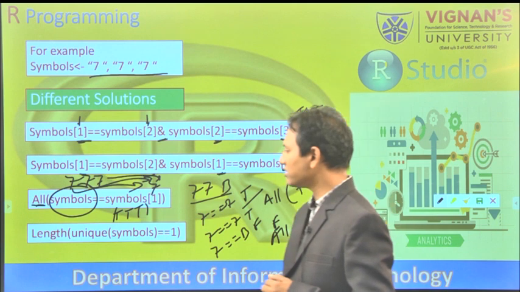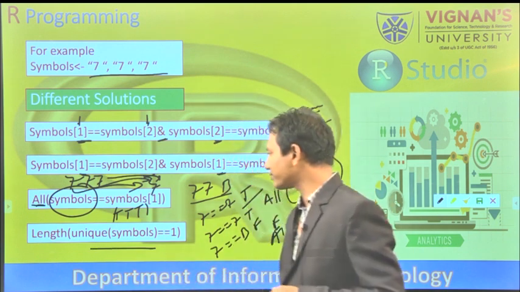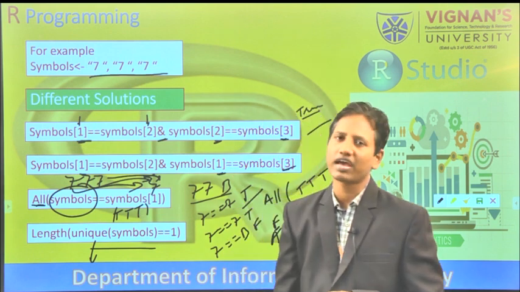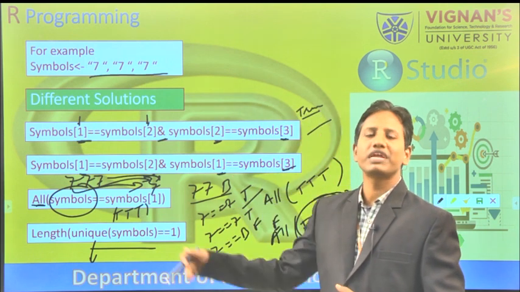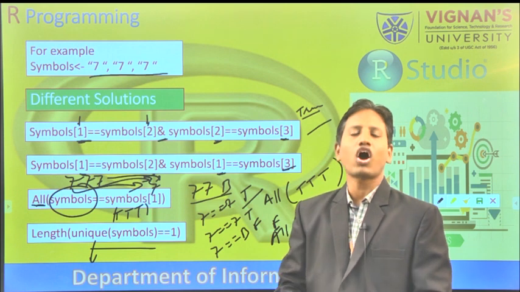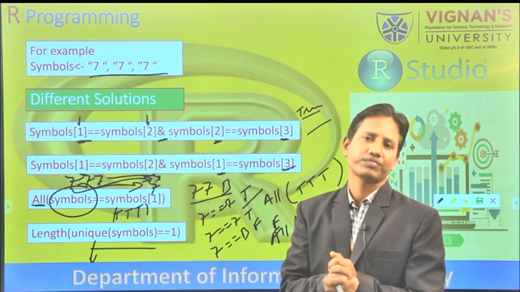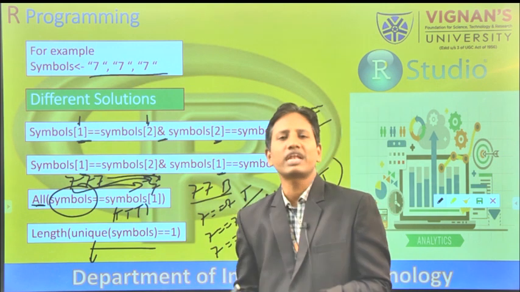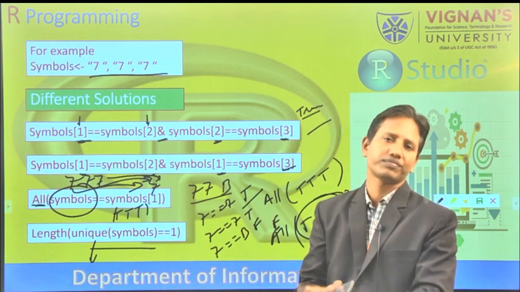And ultimately this is an interesting one. Here unique is a predefined function we have. This unique predefined function is going to return how many unique values there are. So if the three symbols are 7, definitely the unique value count is going to be 1.